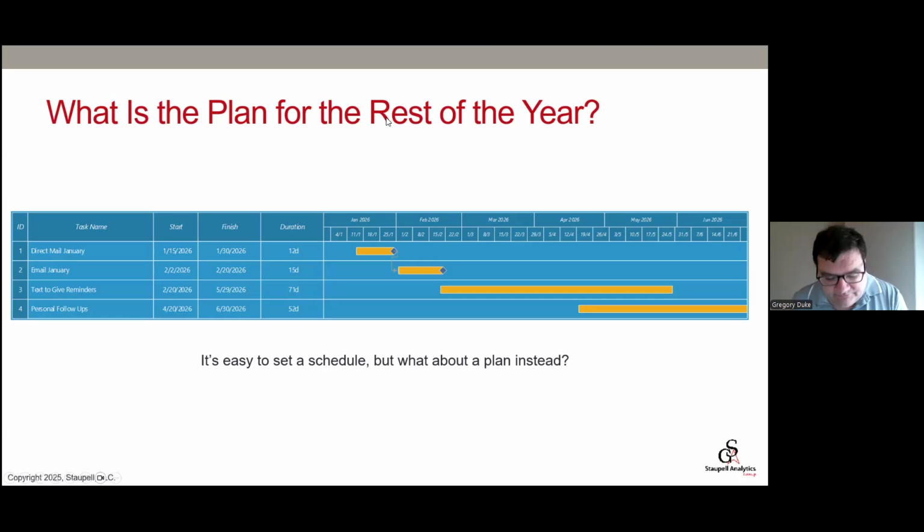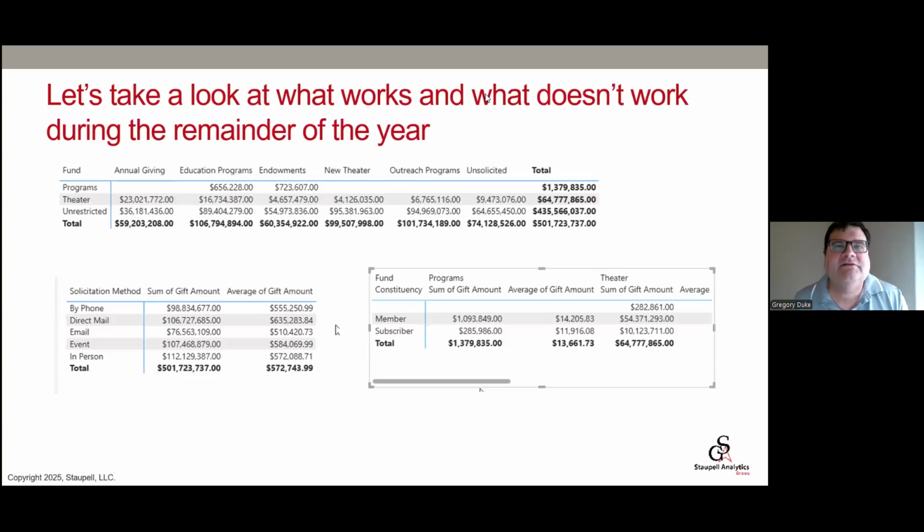So going back to this, this is a slide that Marianne actually put together earlier. So we can start looking at things like solicitation method, which is really good, and it's something we need, but we can add to it by looking at this by the part of the year.